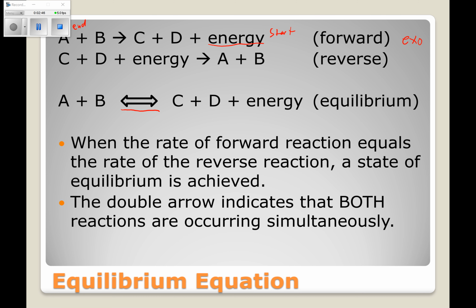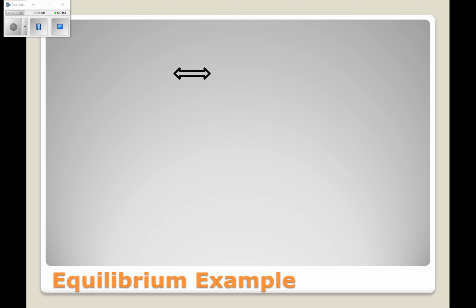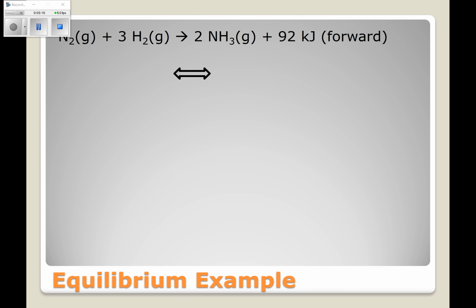So what it's trying to tell us here is that both the forward and the reverse reactions are happening at the same time. And when the rate of formation of C and D equals the rate of formation of A and B, considering both forward and reverse reactions, this reaction will achieve equilibrium. And I'll show you an example of this with the simulator momentarily.